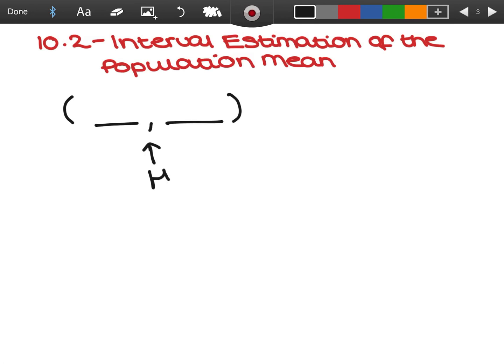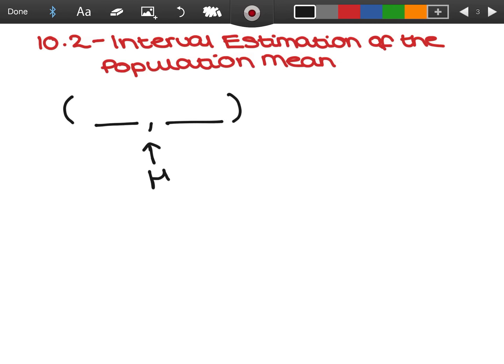Now, the smaller the interval you have, the better the estimator it is. Because for some problem you could have a lower bound of 0 and an upper bound of 1,000,000. Well, that's great, but where would the mean lie within that interval? There's way more variation in there.